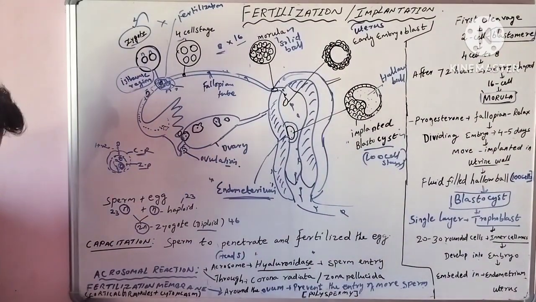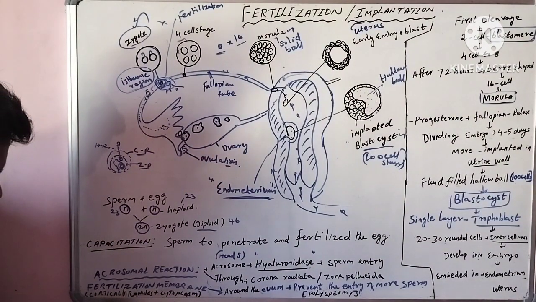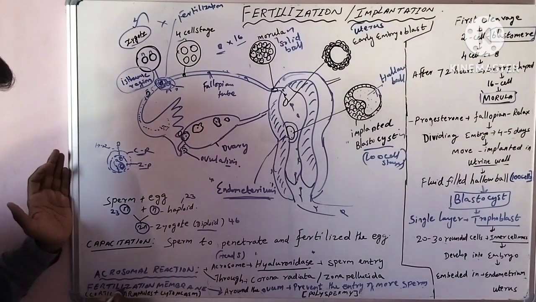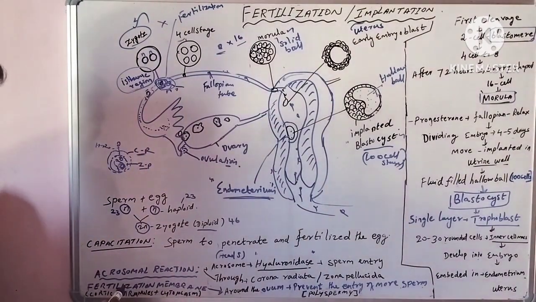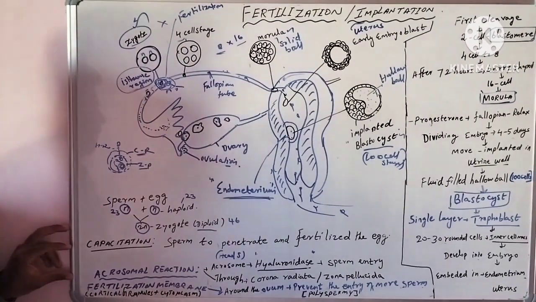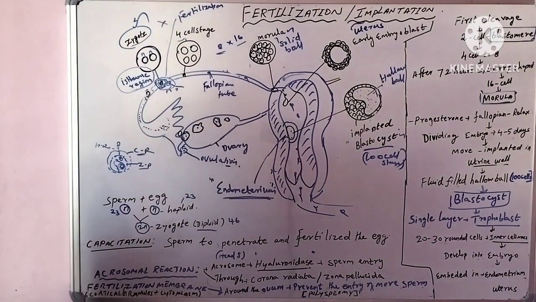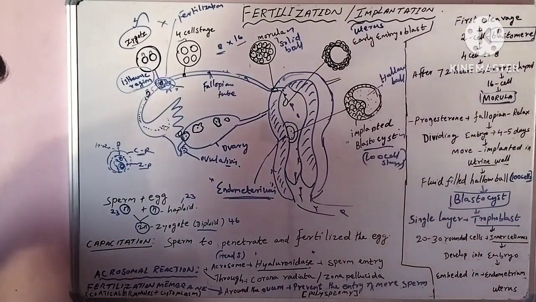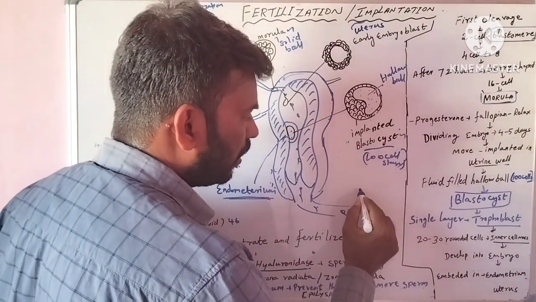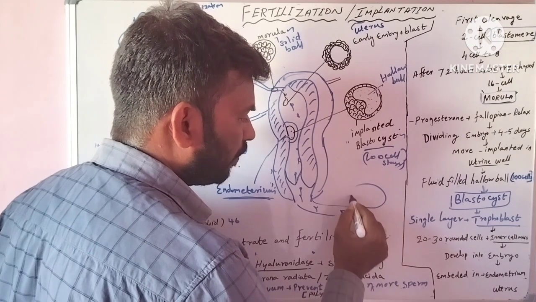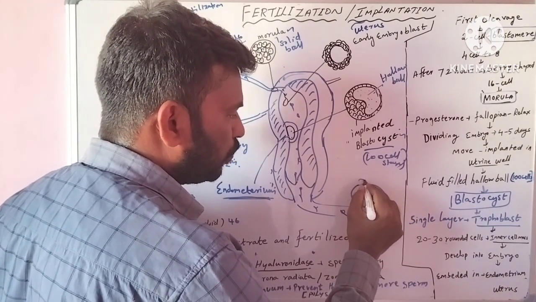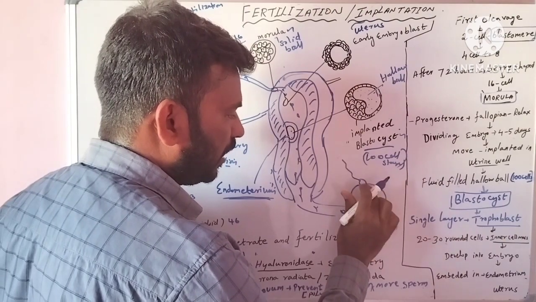Okay, then the cortical granules and the formation of the fertilizing membrane. How is the fertilizing membrane formed? Immediately after fertilization, for example, the sperm enter the egg.